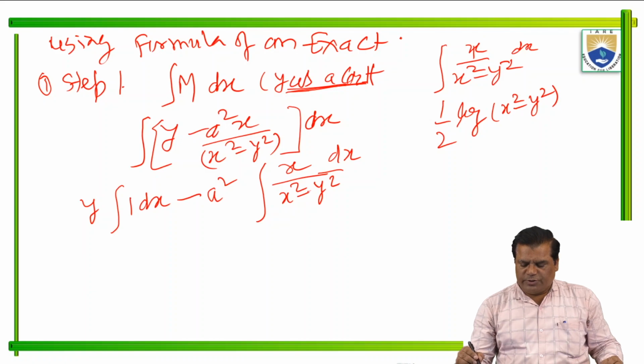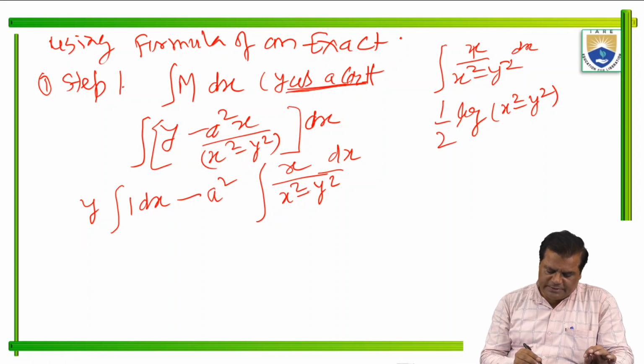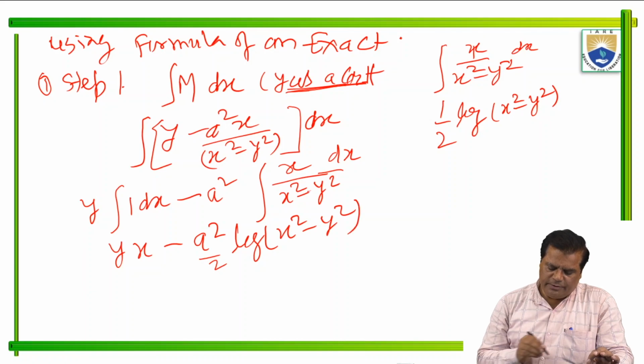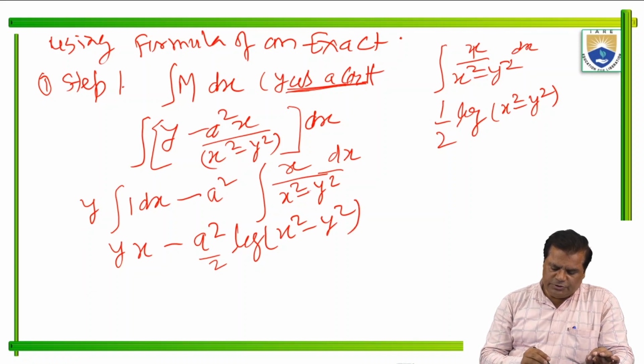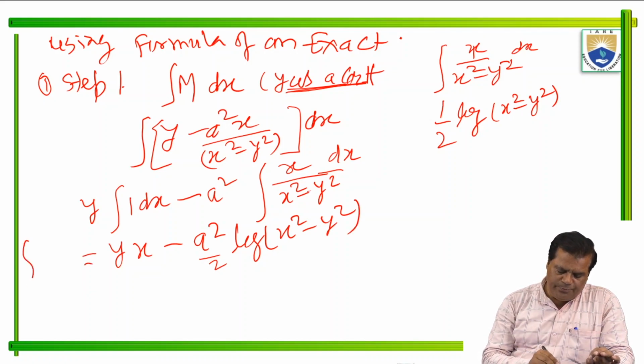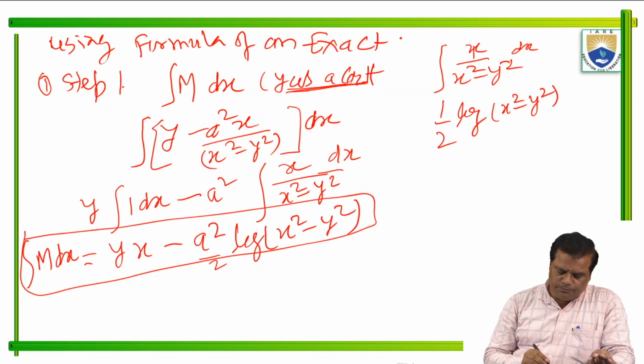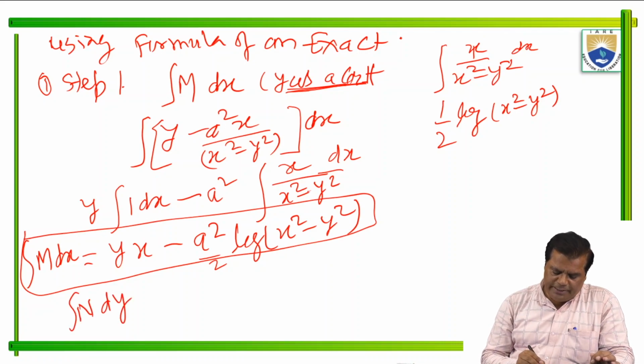So the integration is 1 upon 2a log x square minus y square. This is the integration of m dx, step 1.